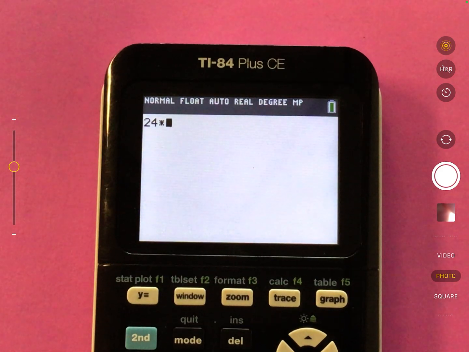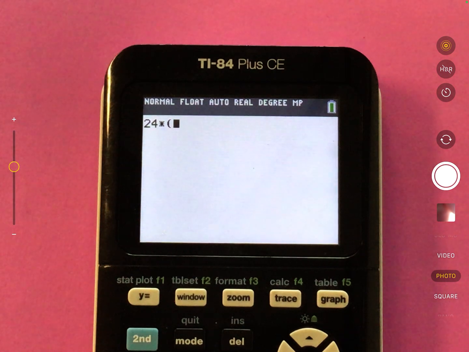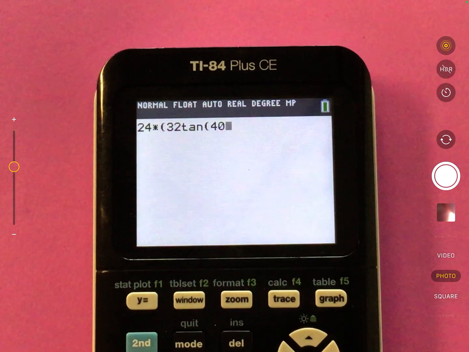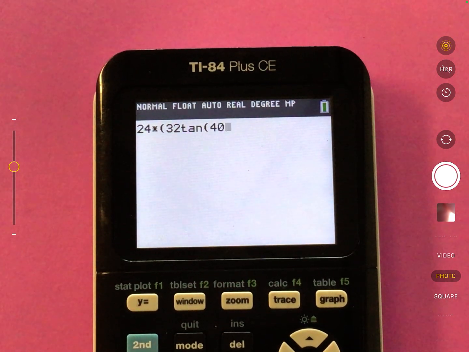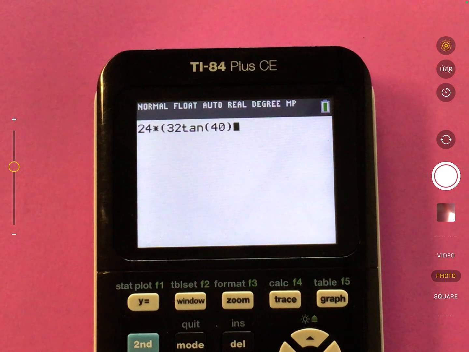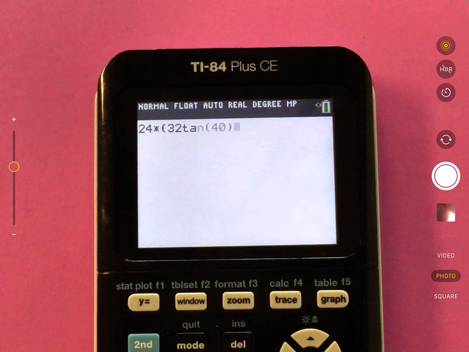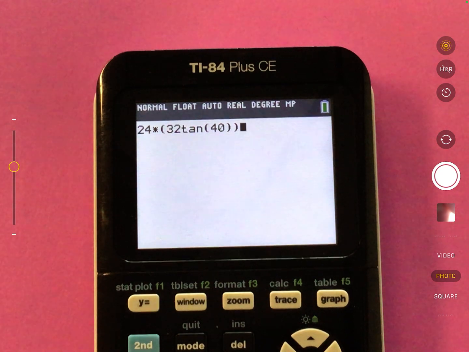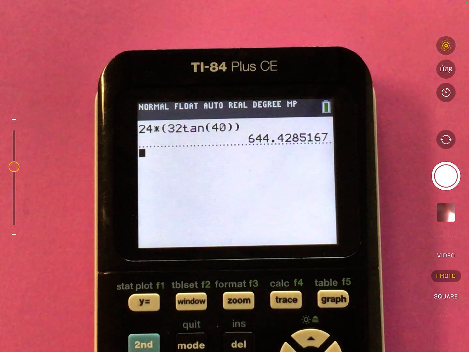We're going to multiply by our next diagonal. I want to put this in parentheses so that I can keep it together. And it is 32 tangent of 40. I'm going to close out the 40, and I'm going to close out the 32 tangent of 40. Does that make sense? So I had to do double parentheses there. And I'm going to hit enter.